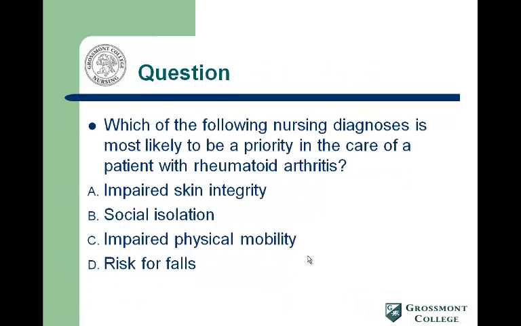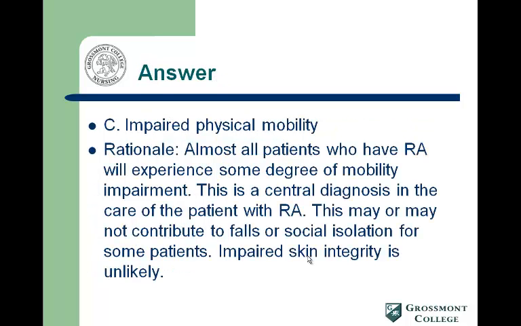Alright, question: which of the following nursing diagnoses is most likely to be a priority in the care of a patient with rheumatoid arthritis? Take a look, what do you think? Impaired physical mobility. Okay, people are going to have some degree of immobility. Like I said, with the hands being all gnarly, it doesn't really affect your walking around, but it's going to affect your mobility in terms of being able to care for yourself.